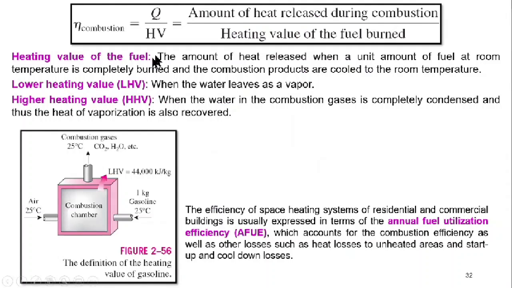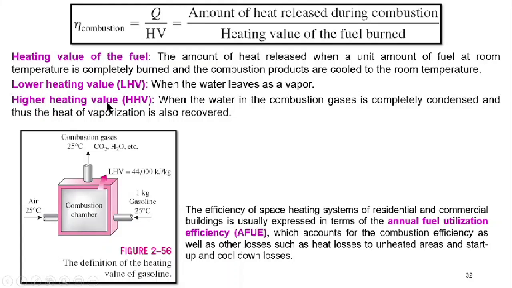Now, this is the important equation for calculating the efficiency. The heating value of the fuel means the amount of heat released when a unit amount of fuel at room temperature is completely burned and the combustion products are cooled to room temperature. Lower heating value, LHV, applies when the water leaves as vapor.